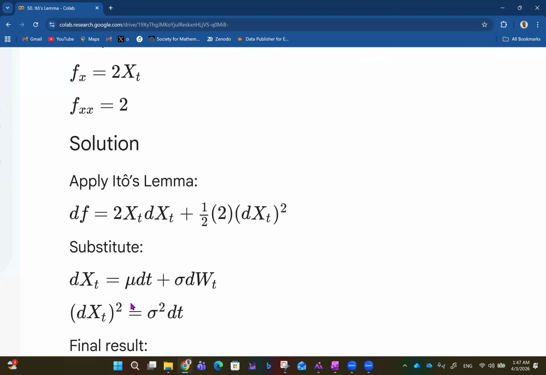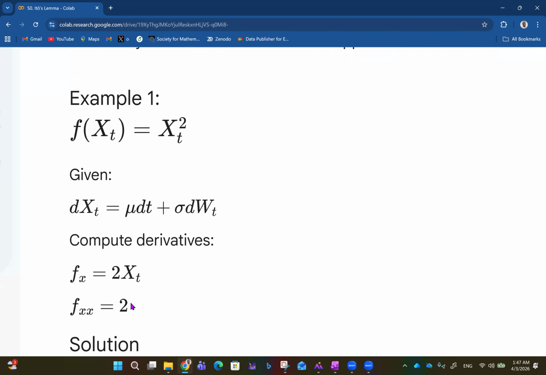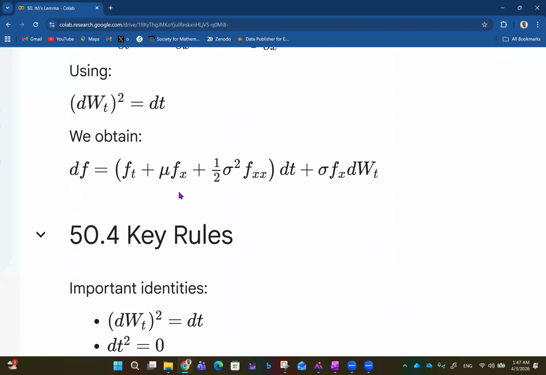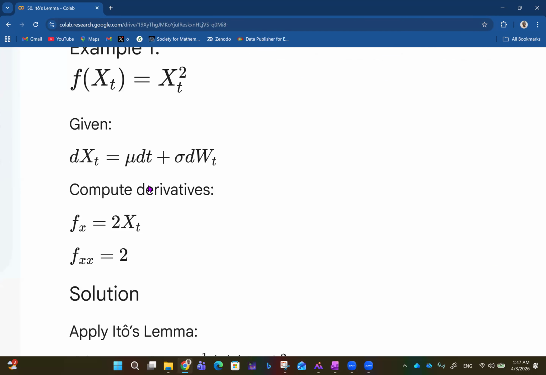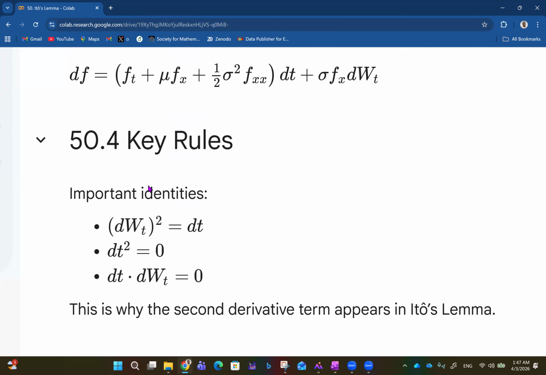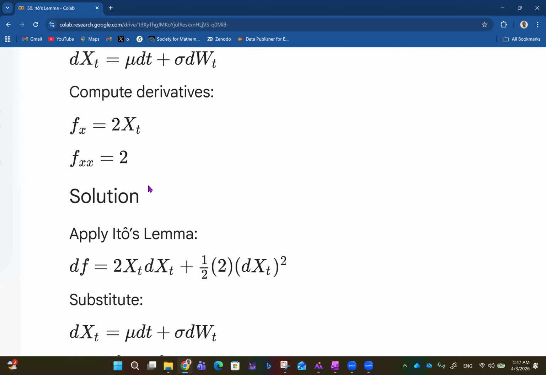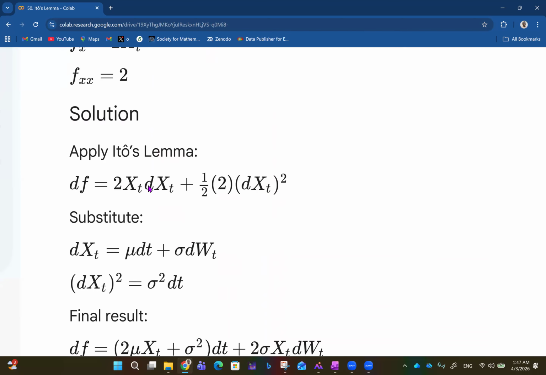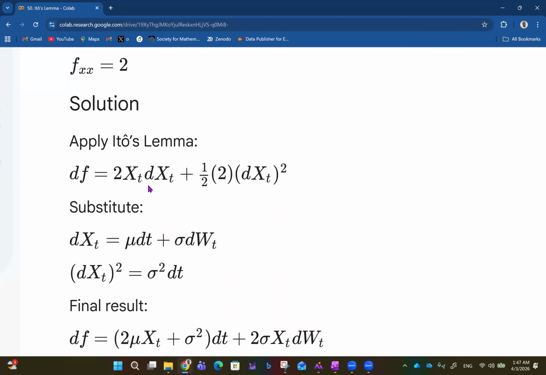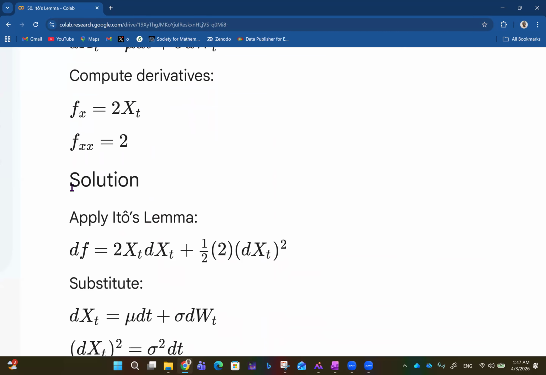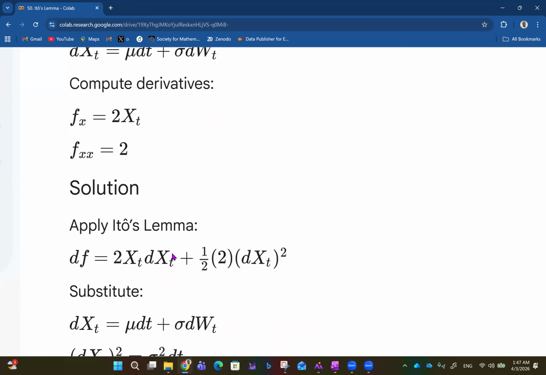There's no f_t in the first place. So if you apply Ito's lemma, we have 2X_t dX_t plus half the second derivative times dX_t squared.